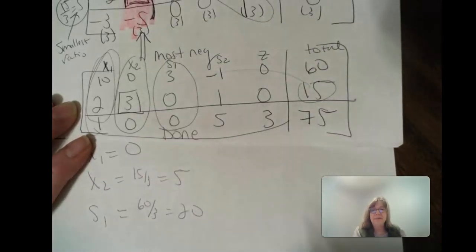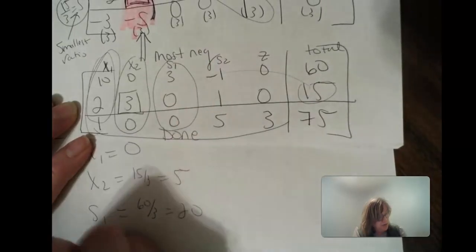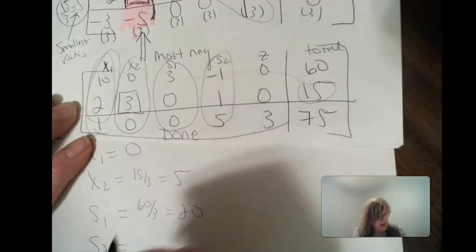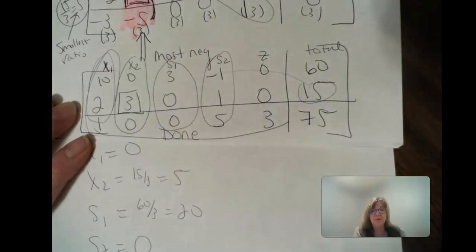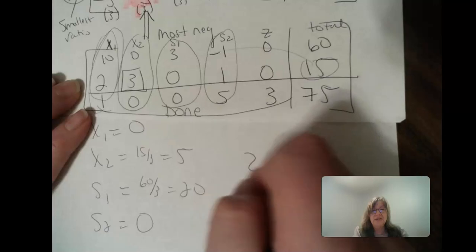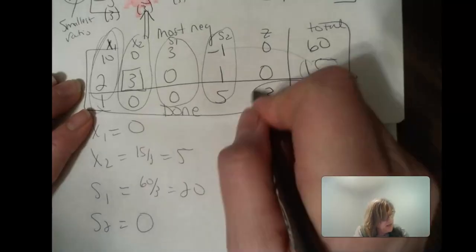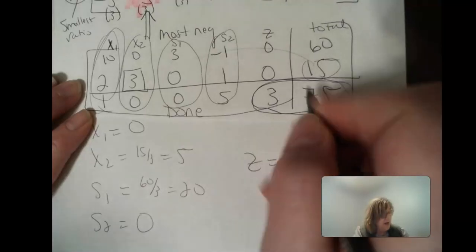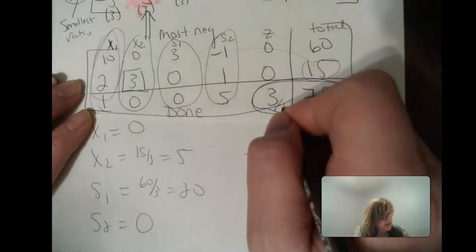The answer for that. Slack 2 is ugly, okay, very complicated. So we would say it's non-basic. So we set it equal to 0. The way you read your z is in this last little corner. So 3z equals 75. So you have to divide both sides by 3.